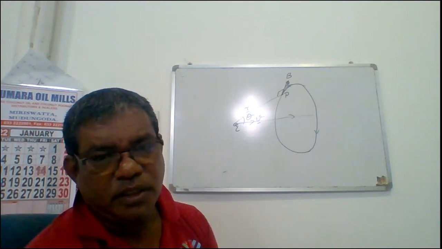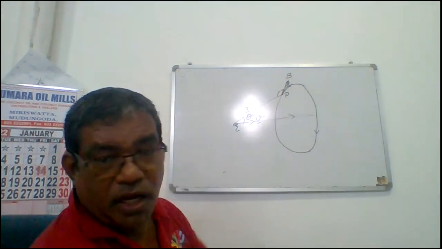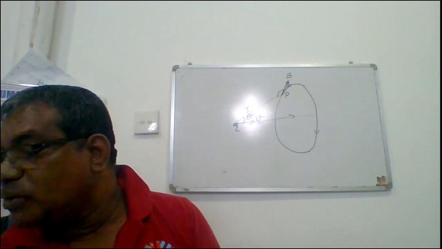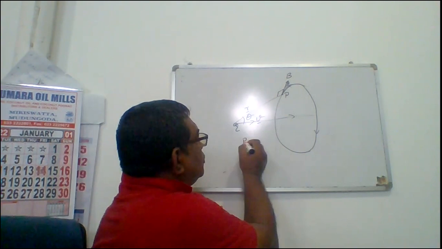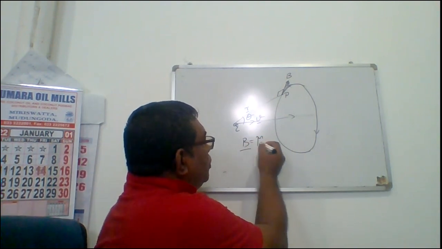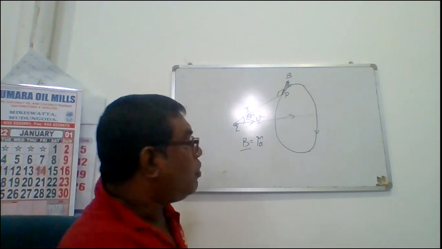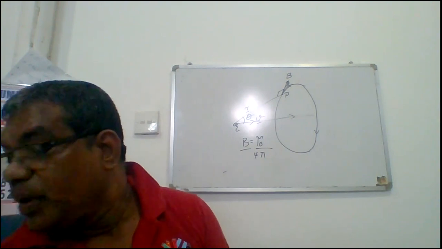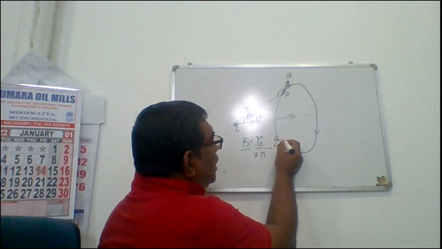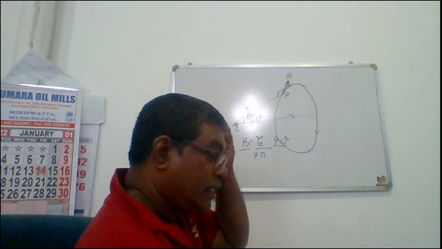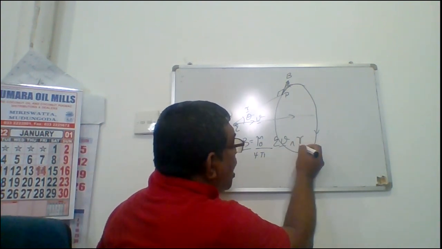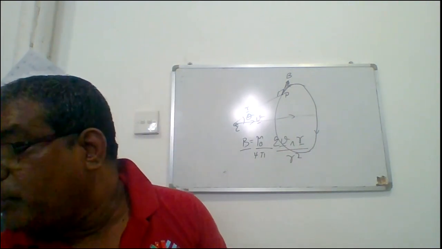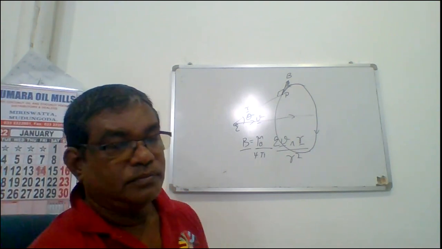How are we going to represent the magnetic field due to this moving charge? B is equal to mu naught divided by 4 pi, Q v, but v is a vector, the cross product of R divided by R squared, right?